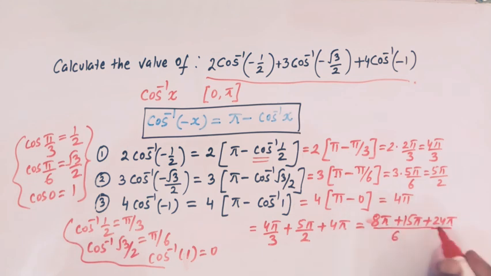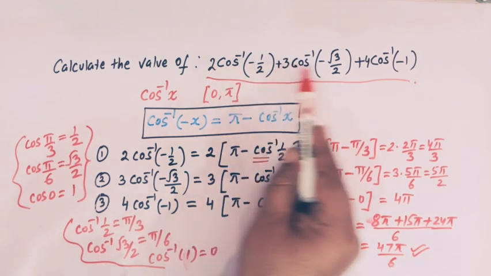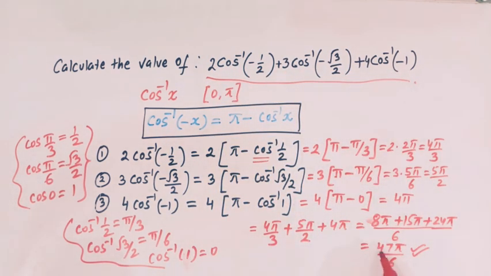Okay, so the sum of these three numbers is 47 pi divided by 6, right? So the value of this expression is 47 pi over 6.